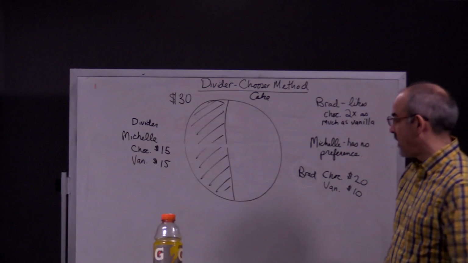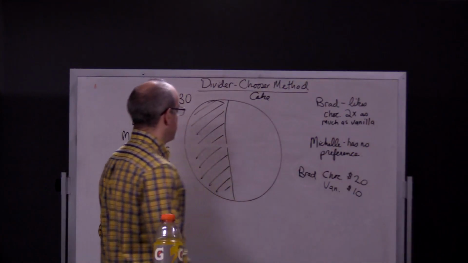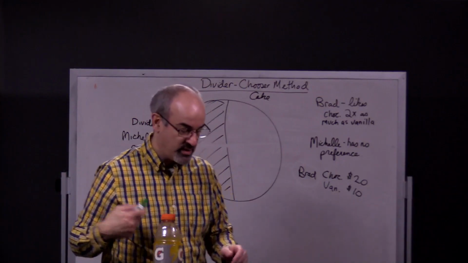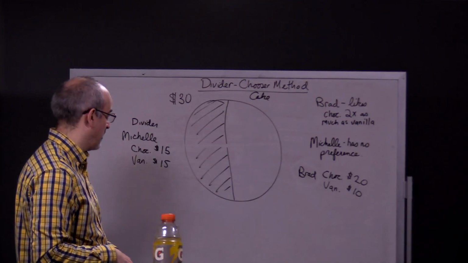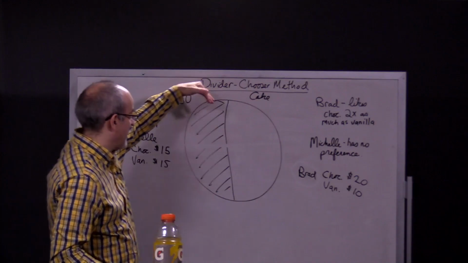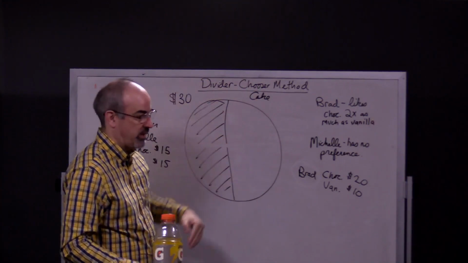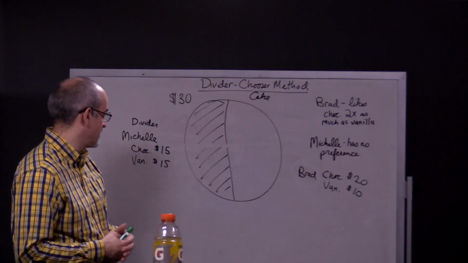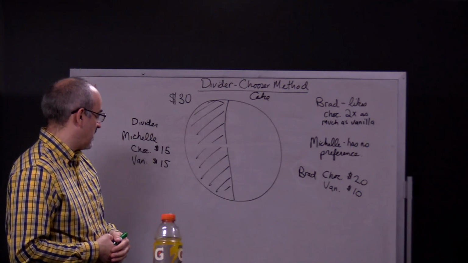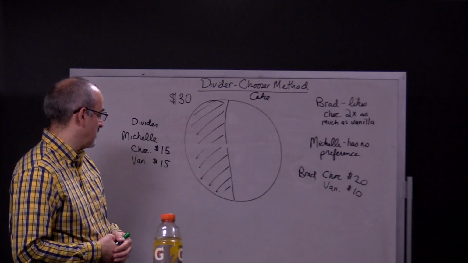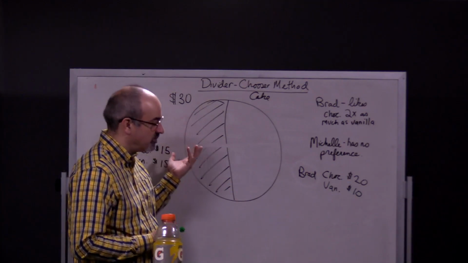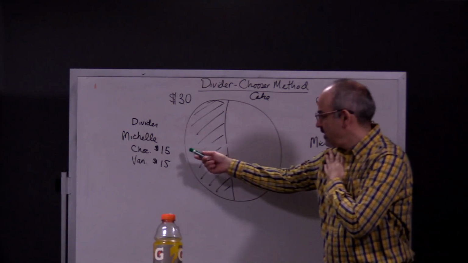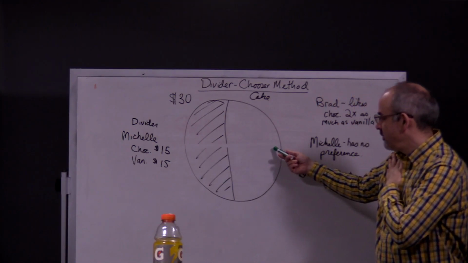So she has no preference. So to her, it doesn't matter where she divides it, as long as she divides it in half some way. So she could actually divide it this way. She doesn't care if she gets all chocolate or all vanilla because she likes them both the same. Now she might actually divide it the same way that Brad did.